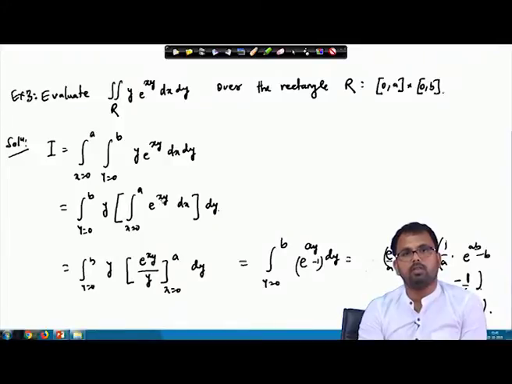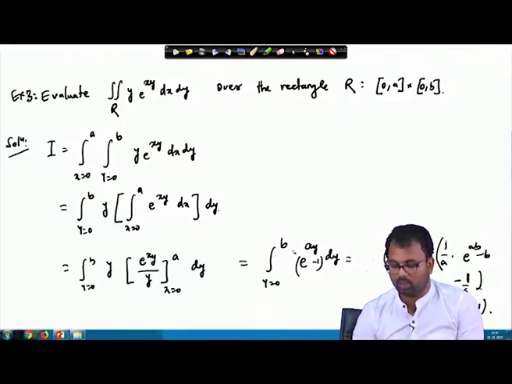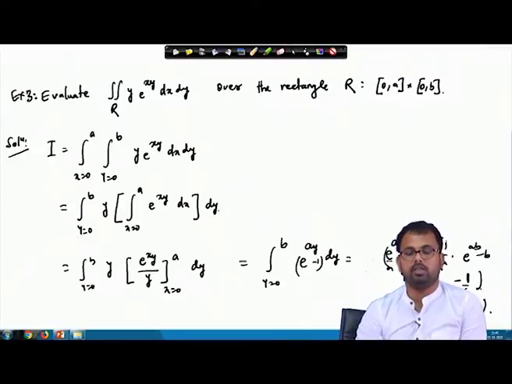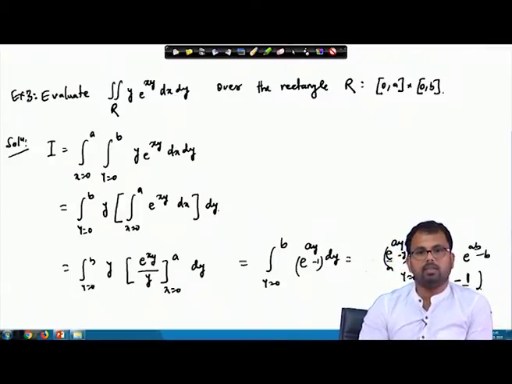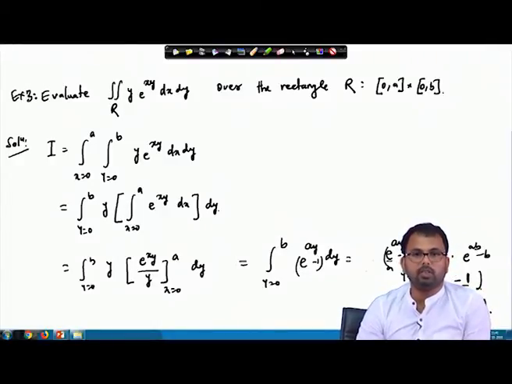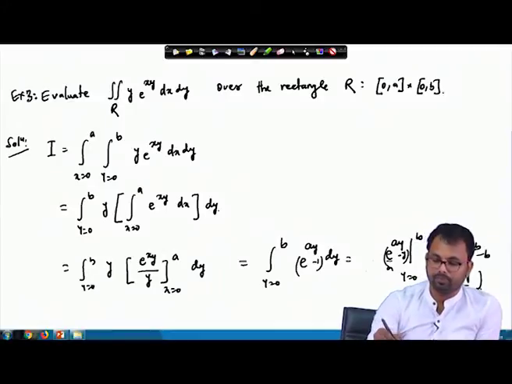So, I started by first of all integrating with respect to x, keeping y as constant, and then after I got this function with respect to y, I integrated it, and then this is our final result. So, this is another example where we did the repeated integration for a double integral.